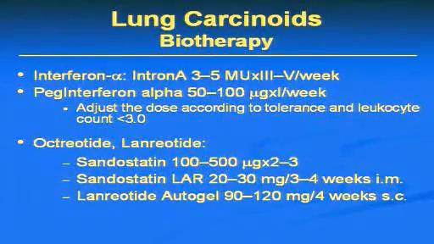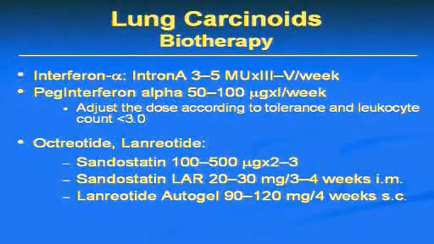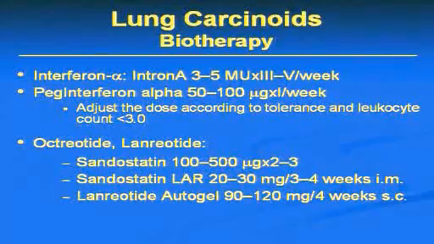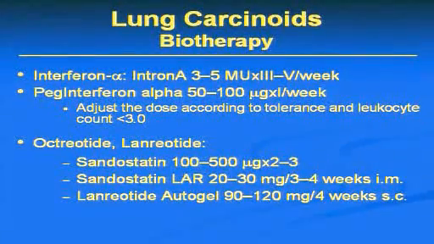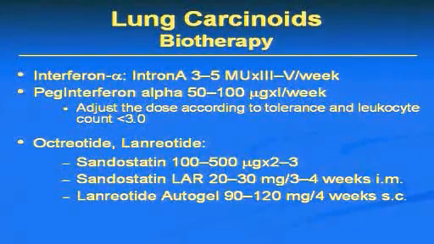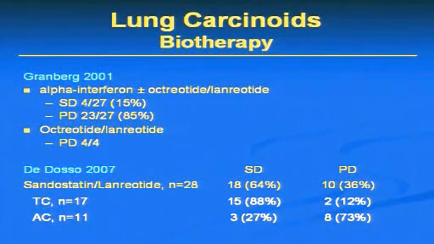Octreotide or lanreotide, as Sandostatin LAR or lanreotide autogel, may be preferably combined with interferon, or maybe, after the PROMID study, considered in low proliferative tumors if the patient is not expected to tolerate alpha interferon. Here are the results from my report in 2001.